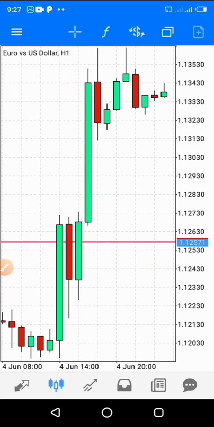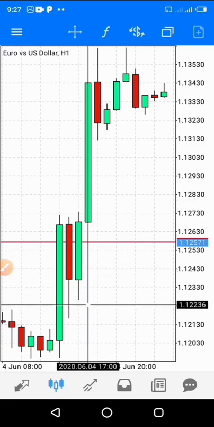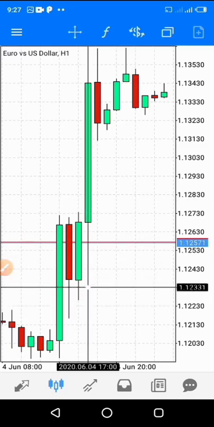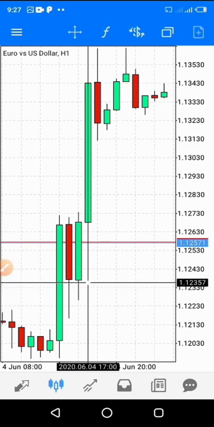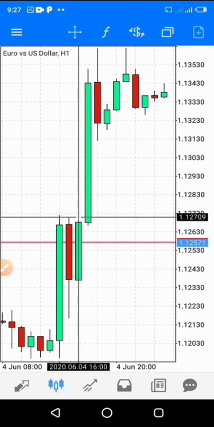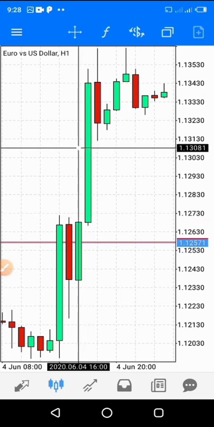Another thing I want us to understand briefly is the concept of shadows. Shadows are also known as tails or wicks, and they are those long thin lines drawn at either the open or the close of a candlestick. A short or very small shadow indicates little trading activity.